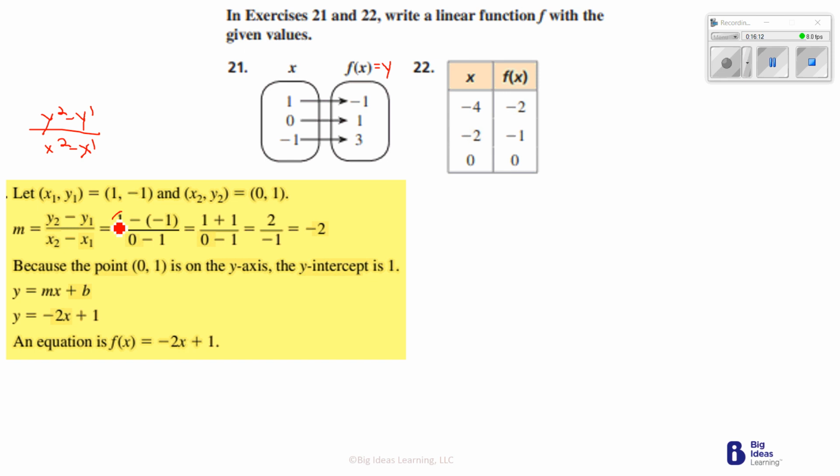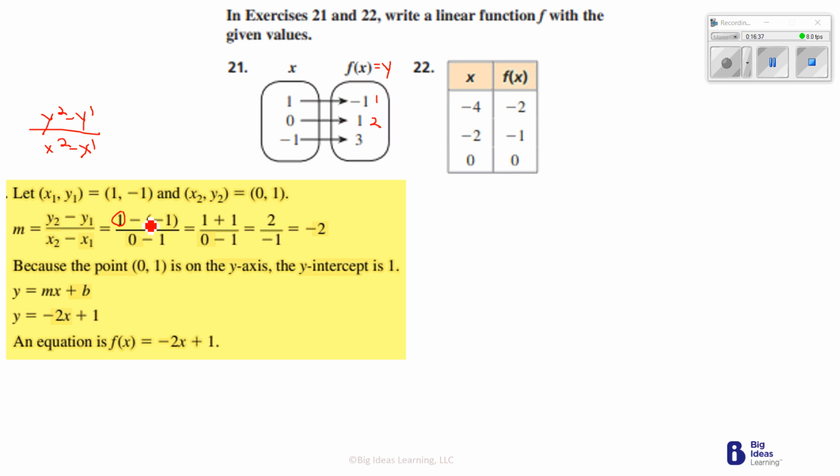By them having a 1 here, it means they used this one as their 2's. That would explain why y is 1, and then x is 0. By using a negative 1, that tells you they used this one as their 1, their y1. So minusing negative 1 means they minus 1 down here.